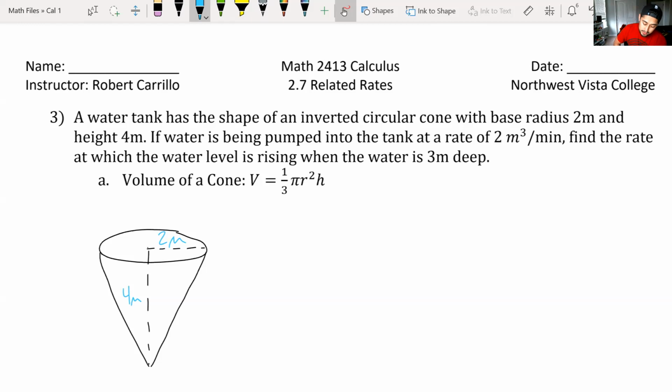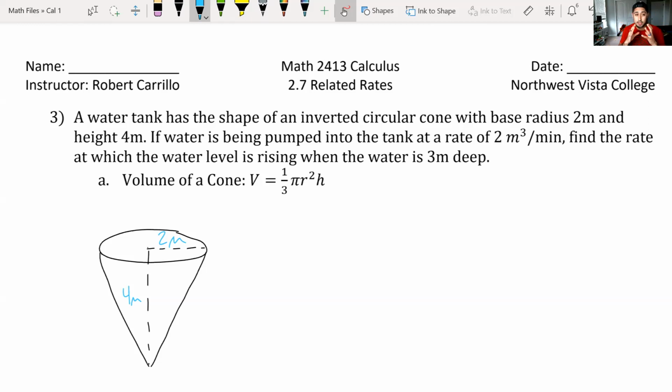Now, water is being pumped into the tank at a rate of 2 meters cubed per minute. Find the rate at which the water level is rising. So let's just stop and read those again. Water is being pumped into the tank at a rate of 2 meters cubed per minute.